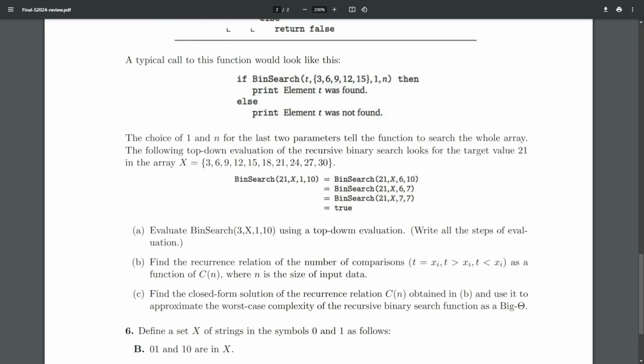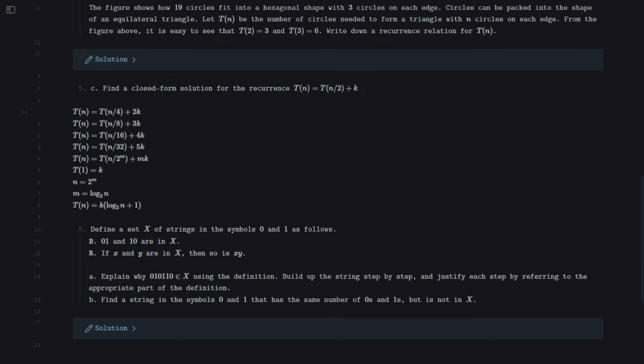Now, let's switch over to the other part, dark mode. Okay, so I've written the question here again. Find a closed form solution for the recurrence which we found in part B, and that was t of n equal to t of n over 2 plus k.